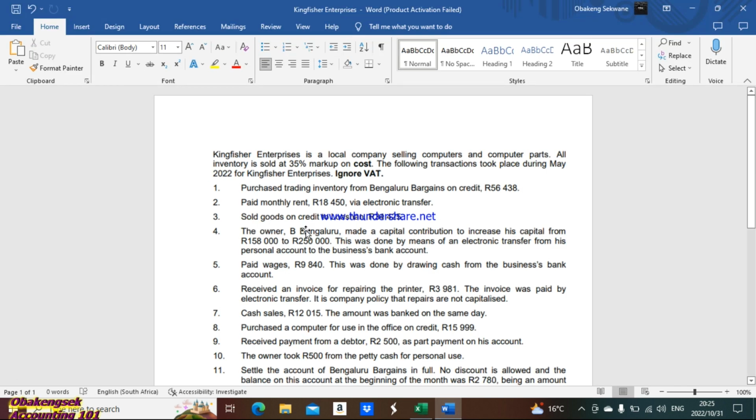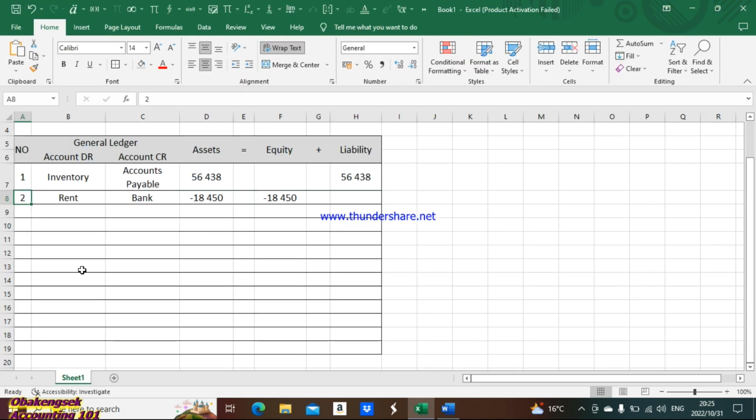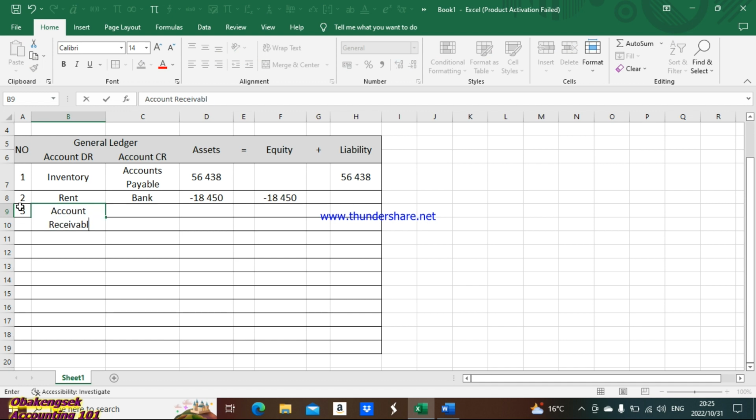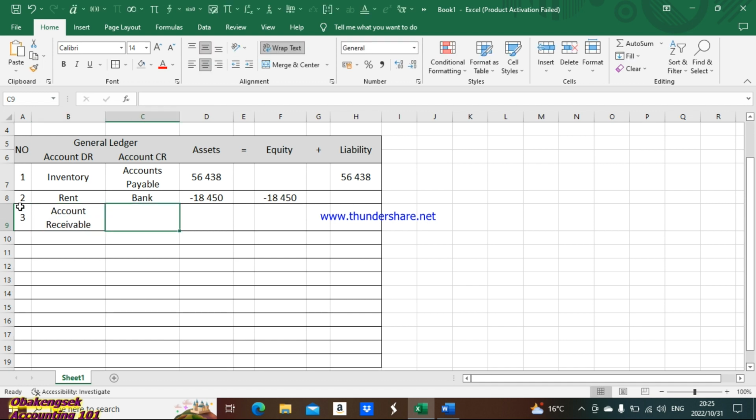Then number 3, we have sold goods on credit to Low Sean, 34,425. We sold goods on credit. So we have accounts receivable and then we have sales.